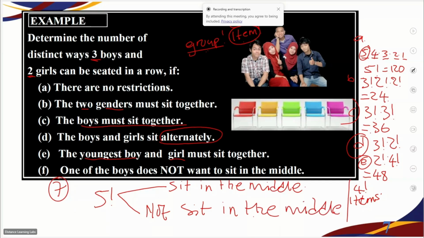Meaning we have 2 possibilities in the 5 factorial, because there is no restriction in the 5 factorial, anyone can sit anywhere.